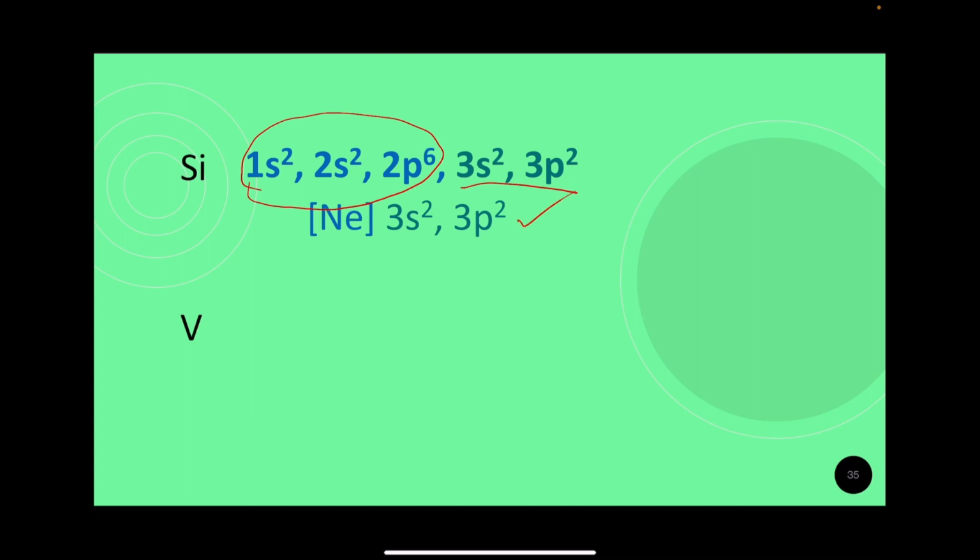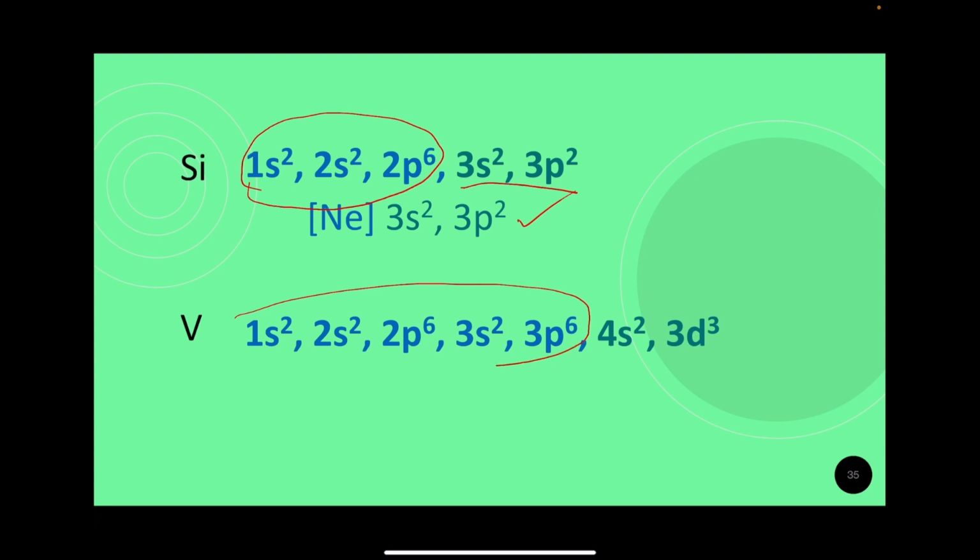Another example, vanadium. For vanadium, this is the electron configuration using the SPDF notation: 1s2, 2s2, 2p6, 3s2, 3p6, 4s2 and 3d3. Inside the electron configuration, it contains the noble gas electronic configuration, which is argon, 18 electrons.